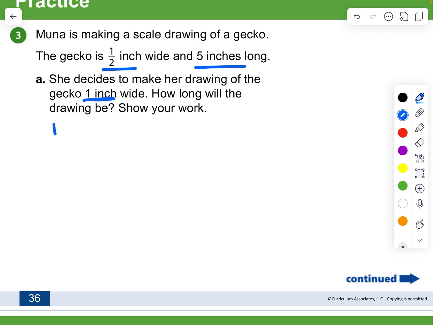but I know that 1 divided by 1/2 is the same thing as 1 times 2, which is 2. I could also think of this as 1/2 times 2 gets me to 1 inch. So multiple ways to think about that, but our scale factor is 2.